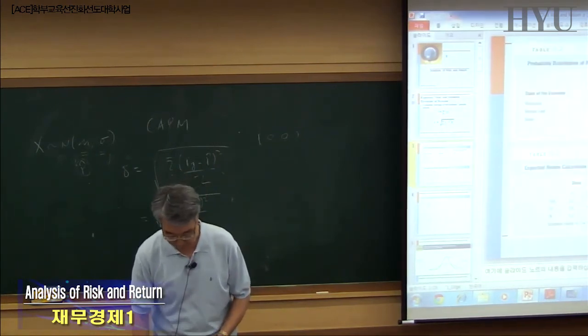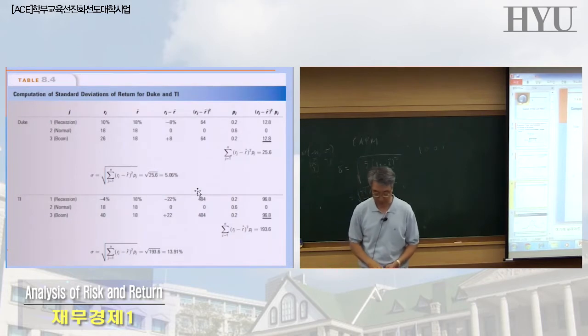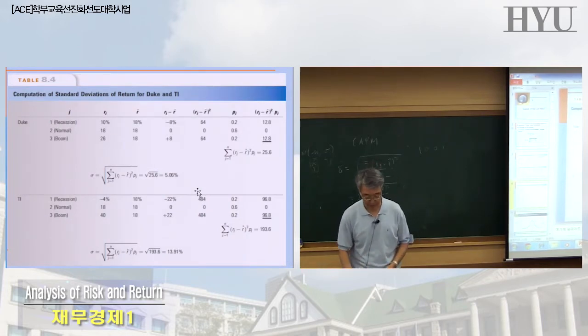So here's a more practical example of how we calculate the standard deviation. Again, we have Duke stock for 3 different possible states, 3 different possible returns. And here we have the expected return. So Rj minus R hat is -8 here, +8 here, 0 in the center.